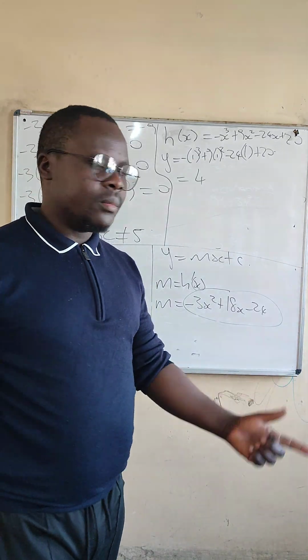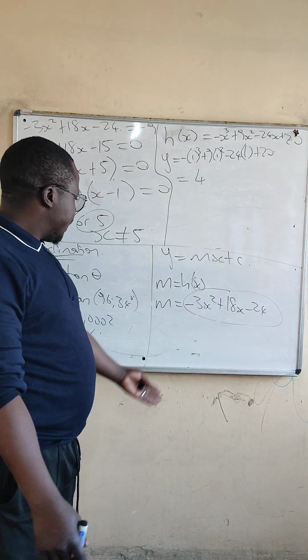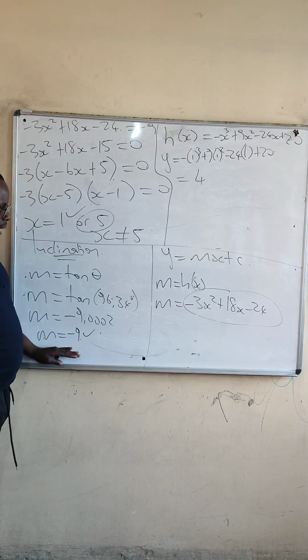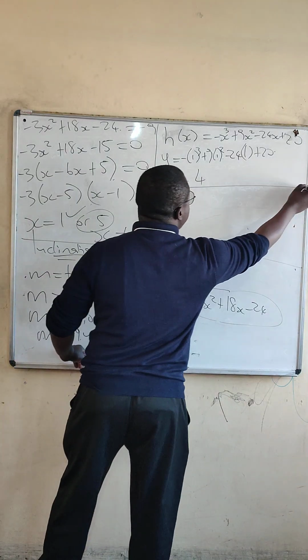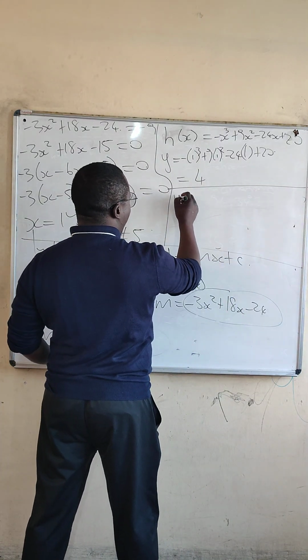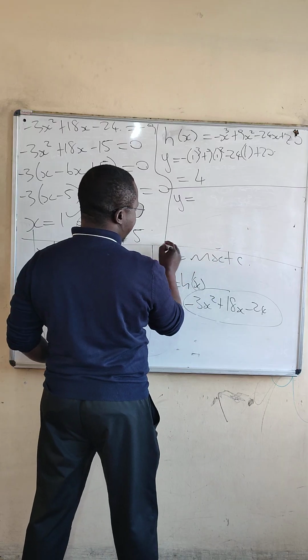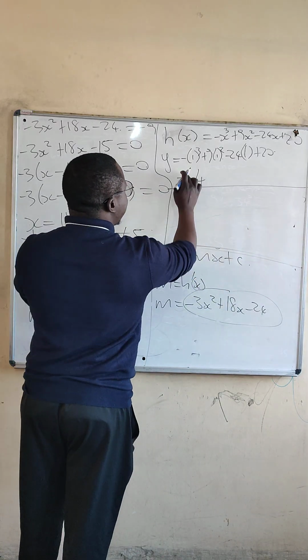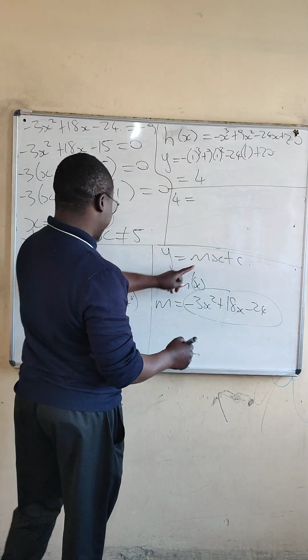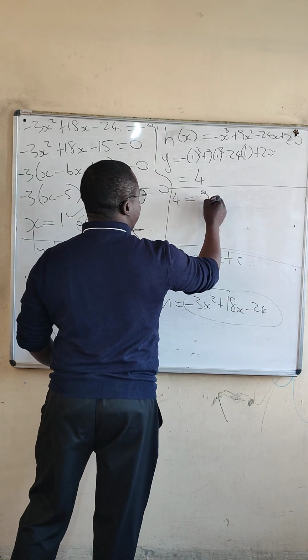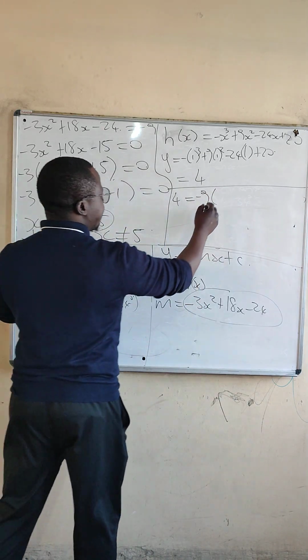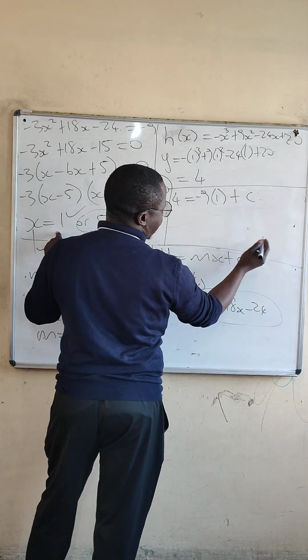So y is 4, x is 1, our m is negative 9. Let's combine all this information into this. So y is equal to mx plus c. Our y value is 4, our m is negative 9, our x is 1, plus c. Let's find c.